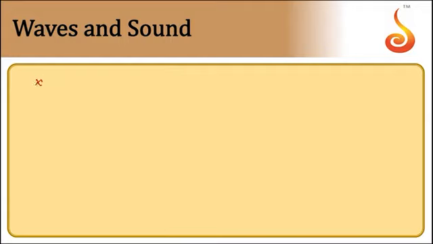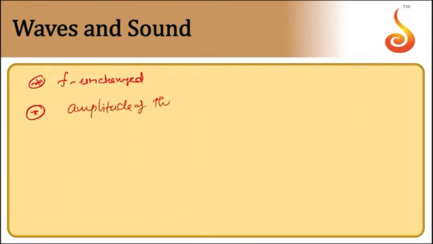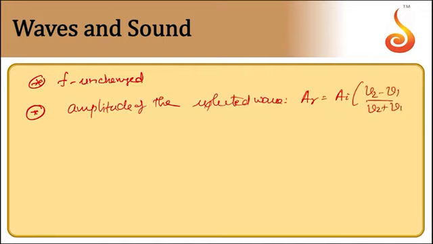Number one, remember the frequency remains unchanged. Whenever a wave travels from one medium to another medium, the frequency remains unchanged. Second, the amplitude of the reflected wave AR is equal to AI into V2 minus V1 divided by V2 plus V1.